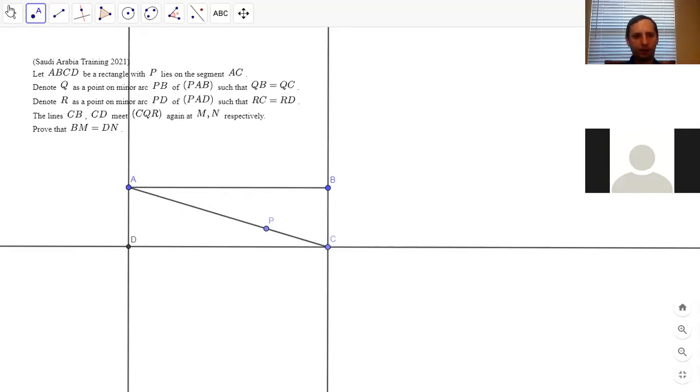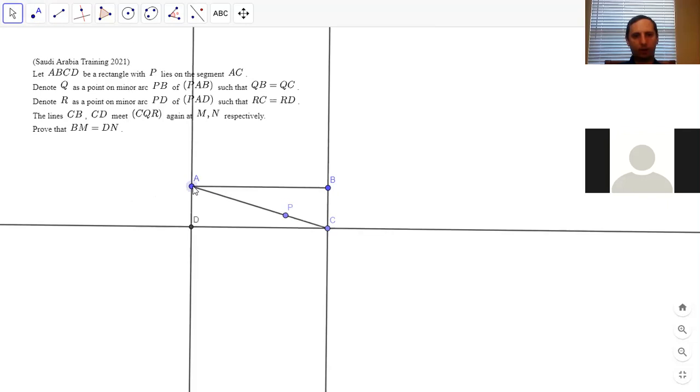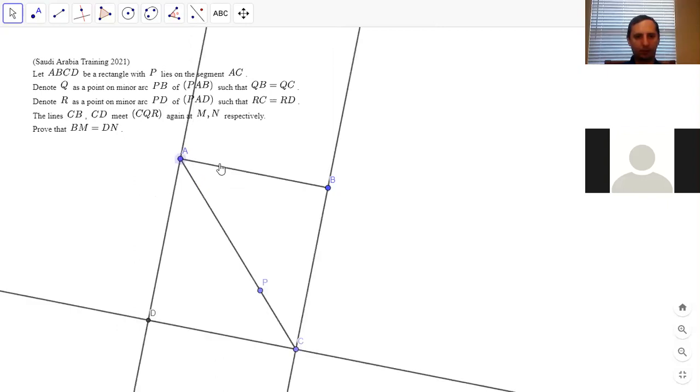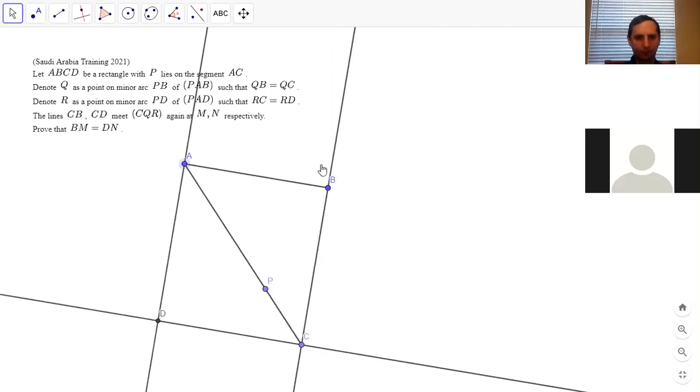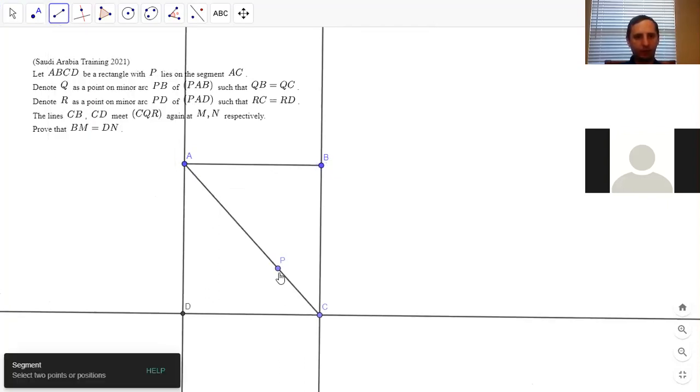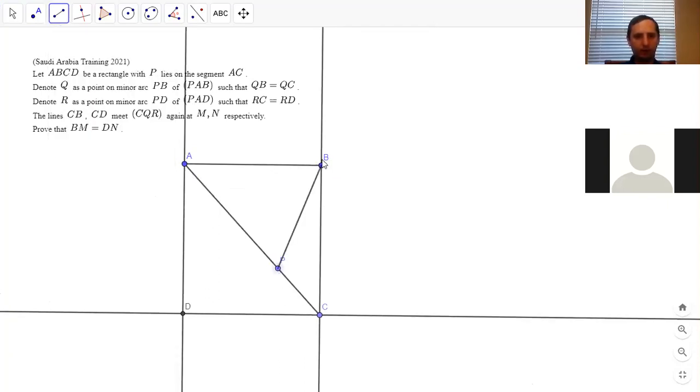I think it might be better to make it a taller rectangle. So we have the circumcircle of PAB and PAD.